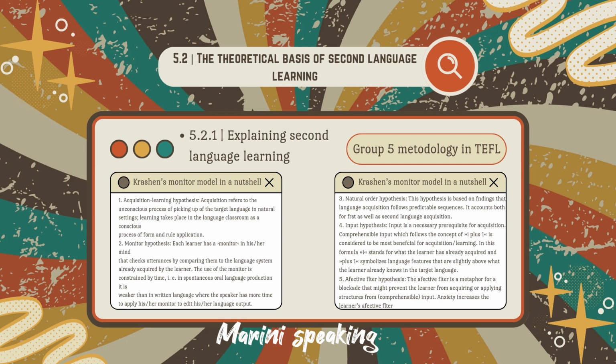Interaction hypothesis. This hypothesis attempts to account for learning through the learner's exposure to language, production of language, and feedback on the production.